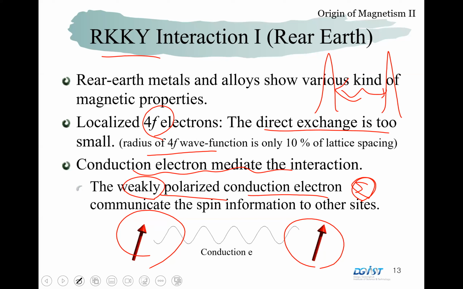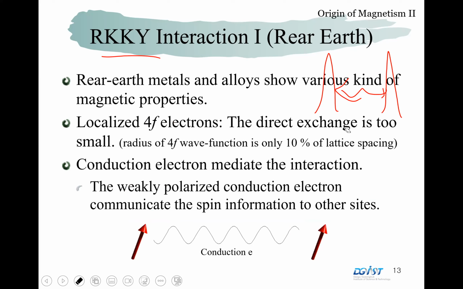Anyway, so with the help of these conduction electrons, even though the f electron of each rare earth material is very localized, still they can interact with each other. Okay, but the coupling strength should be lower than the direct Heisenberg exchange coupling.